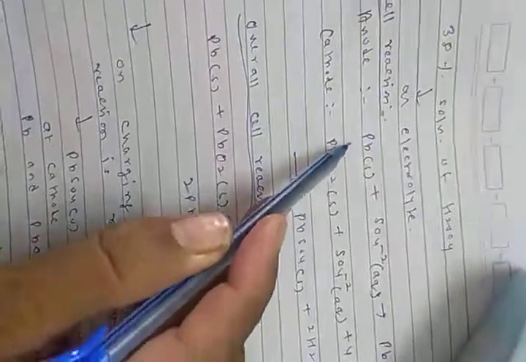Now in a nutshell, the overall cell reaction: the SO4 and SO4 will cancel. Pb plus PbO2 and overall H2SO4, from the H ions and the sulfate ions, gives PbSO4 plus 2H2O.